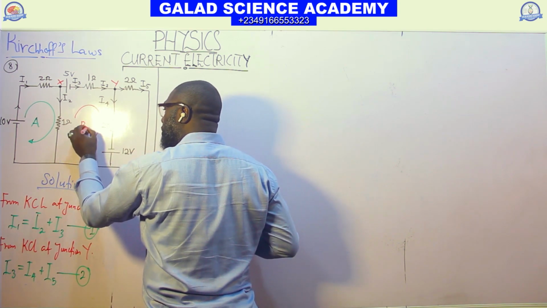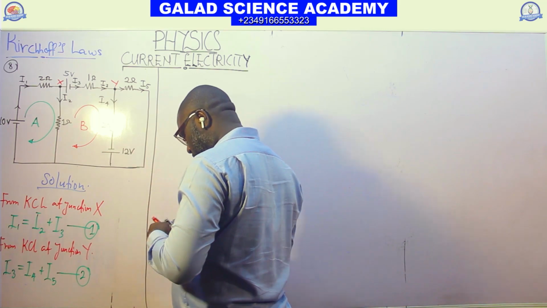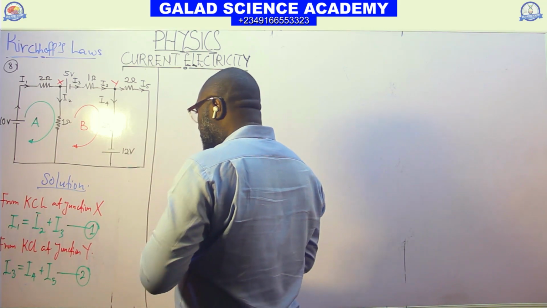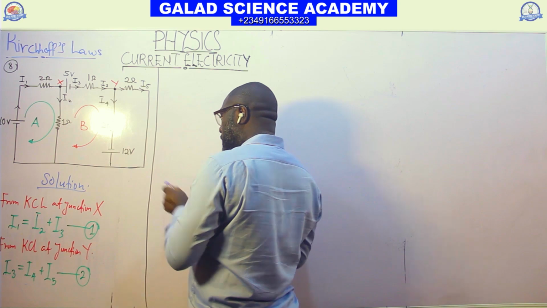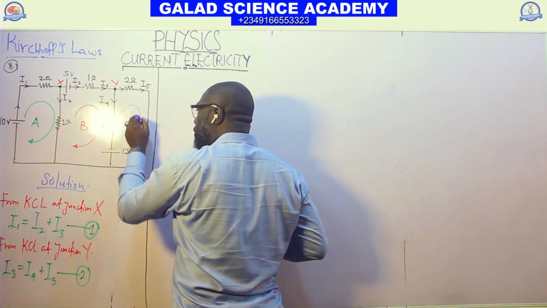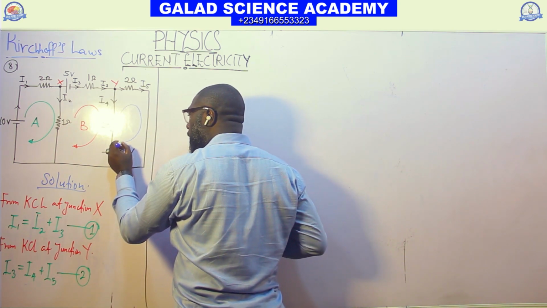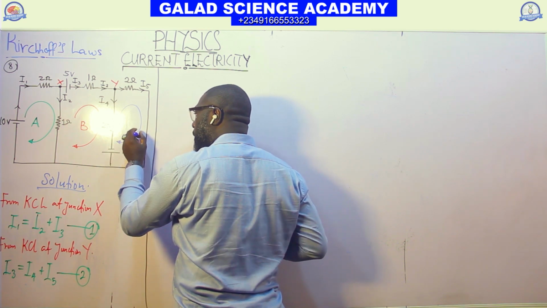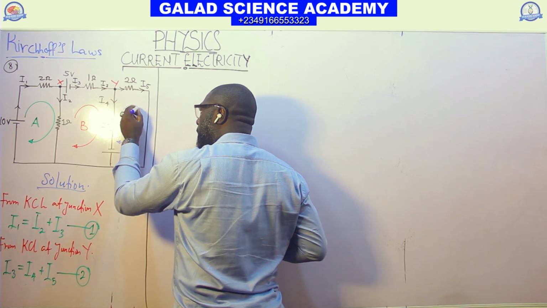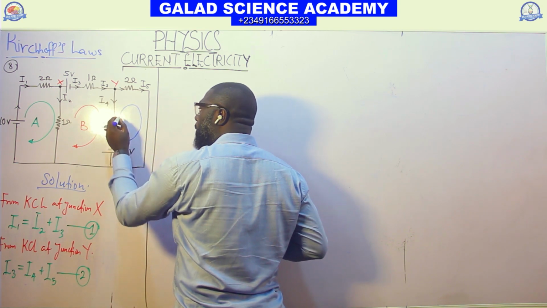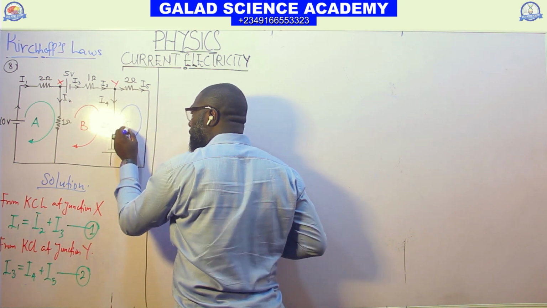This loop is B. Let's take the third loop here. This loop is loop C.